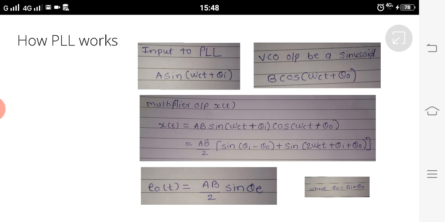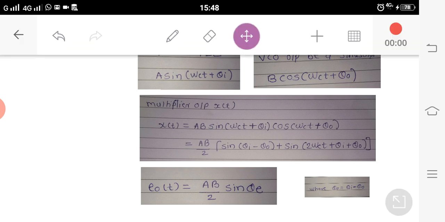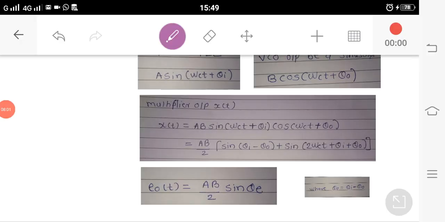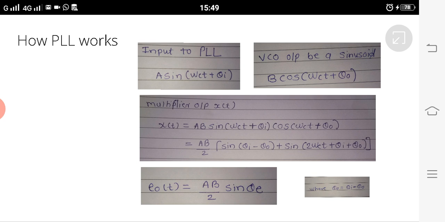If you concentrate on the block diagram, we are considering the input to the PLL as A sine of omega c t plus theta I, and let the output be a sinusoid, which is B cos of omega c t plus theta naught.